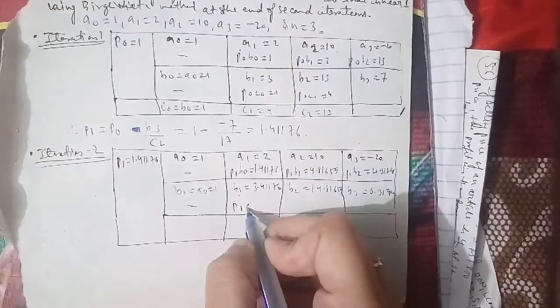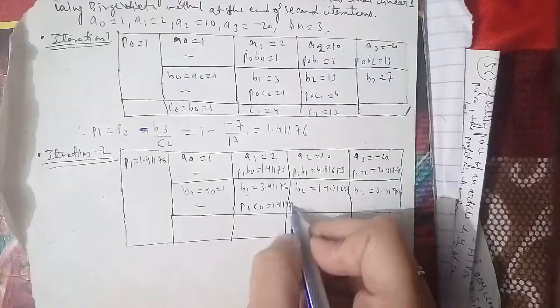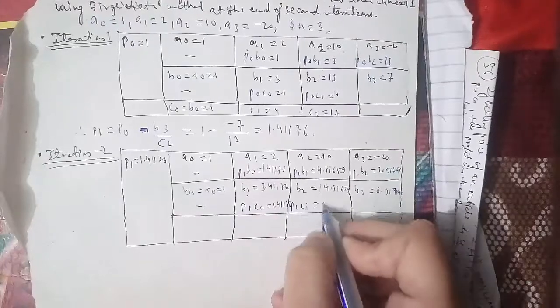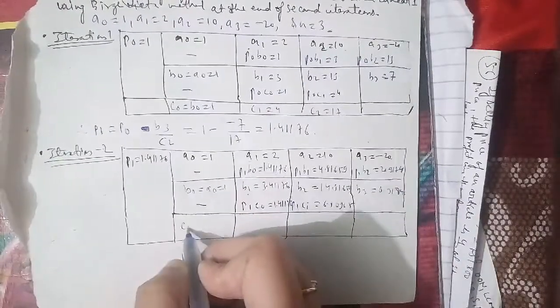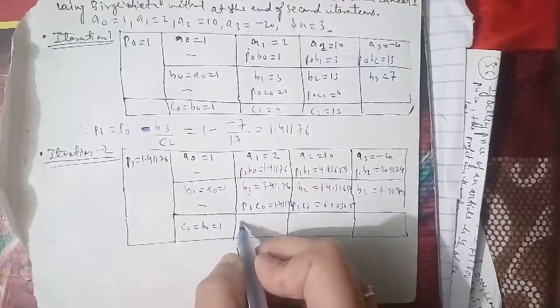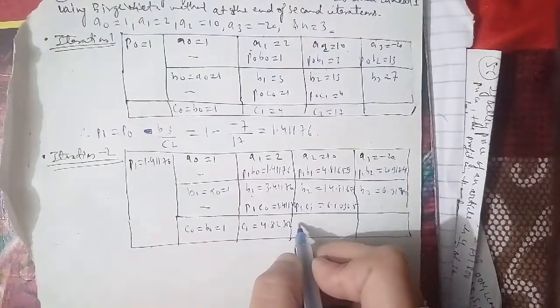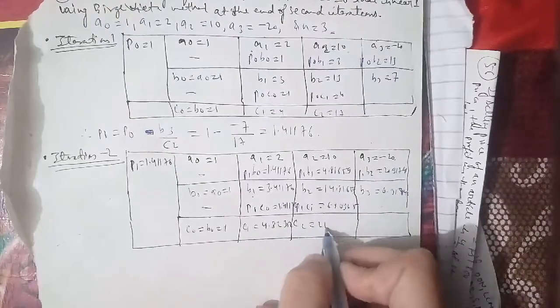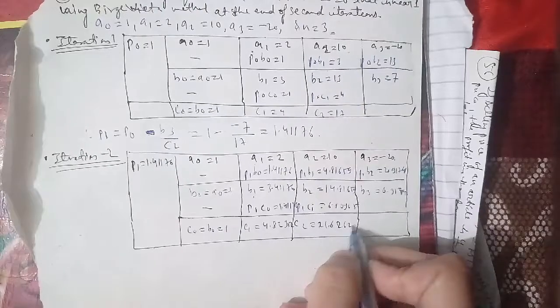For this, with p1 equal to 1.41176, c0 equals b0, which is 1, c1 equals 4.82352, and c2 equals 21.62624.